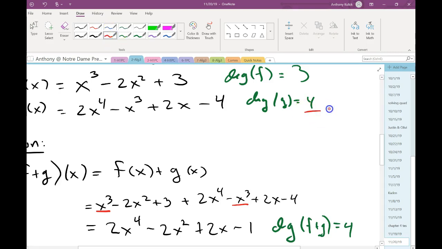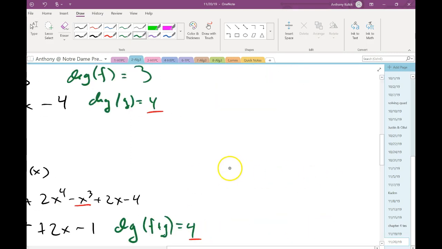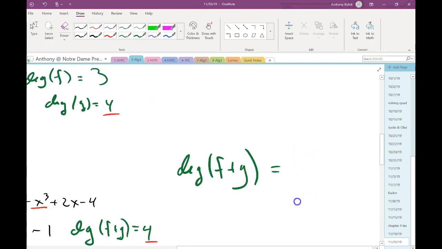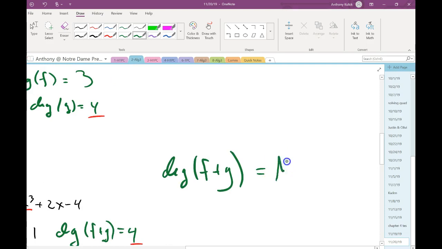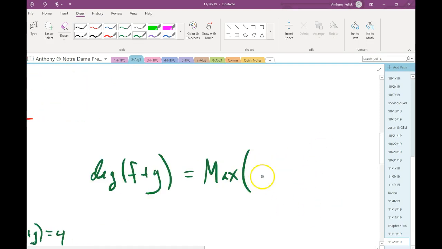Well, the degree of g and the degree of f plus g is the same, right? So what is the rule going on here? The equation with the highest degree is going to have the degree of the addition. Good. Yeah, so we would say the degree of f plus g is the maximum of the degree of f and the degree of g.